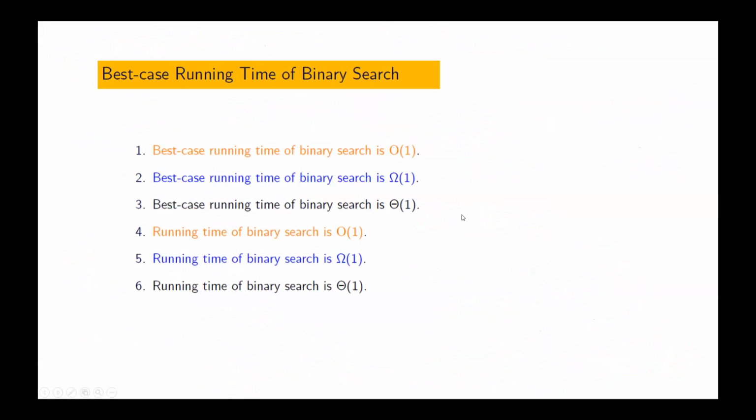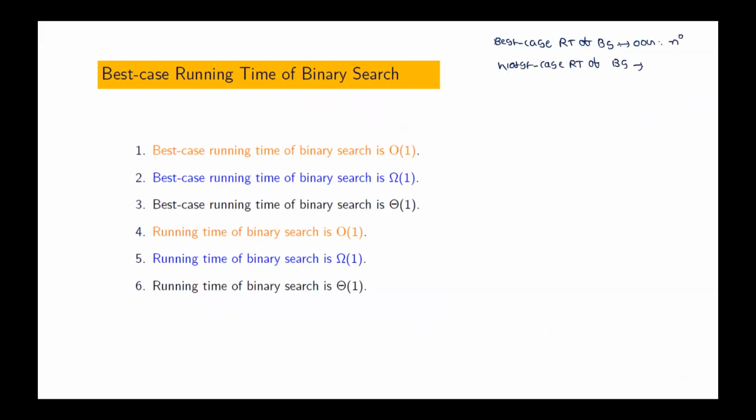Now, we know the best case running time of binary search. What is its order of growth? It is n to the power 0, which is constant. In the worst case, what is its order of growth?